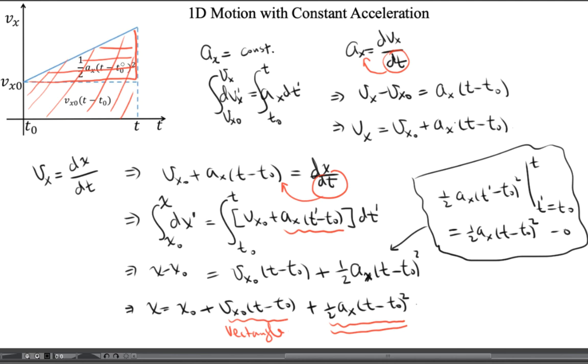So the right triangle area is 1/2 times t minus t naught multiplied by the height, ax times t minus t naught, which is 1/2 ax t minus t naught squared. So that's the right triangle.